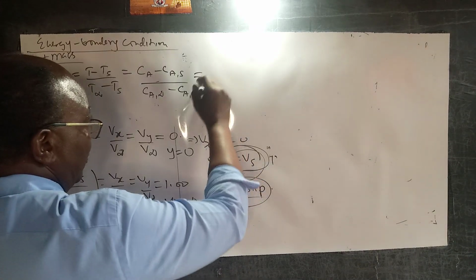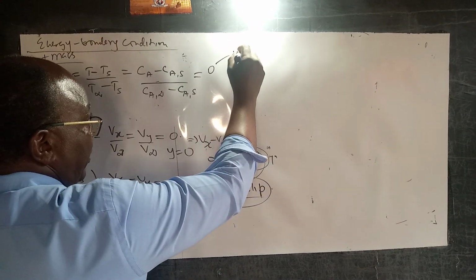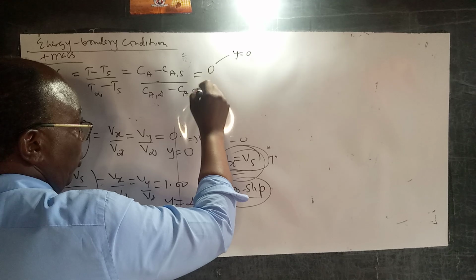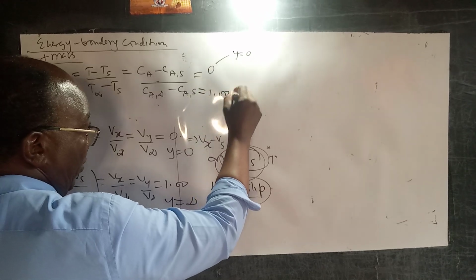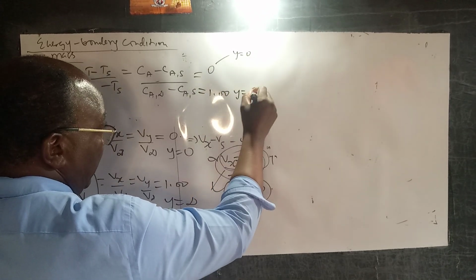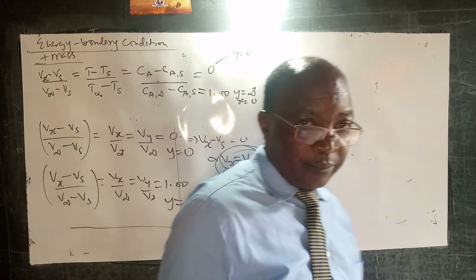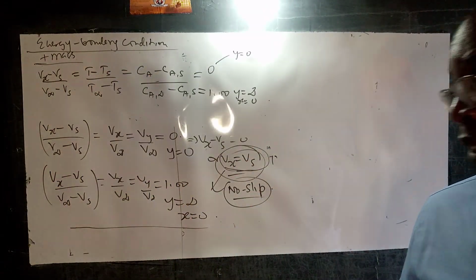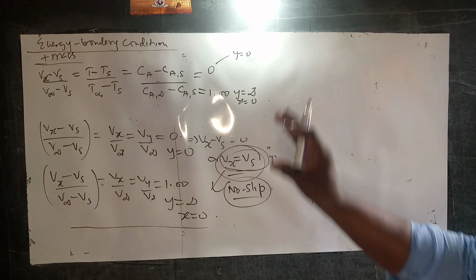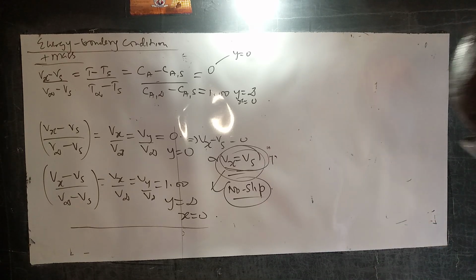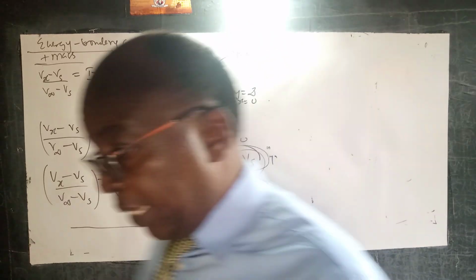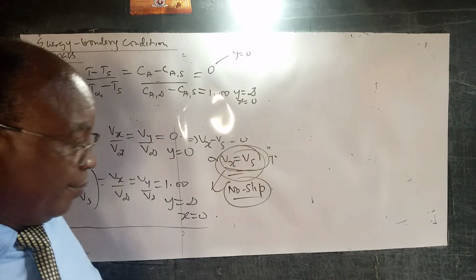It is 0 when y is equal to 0, and it is equal to 1 when y is equal to infinity or x is equal to 0. So we have just factored that into that particular system.